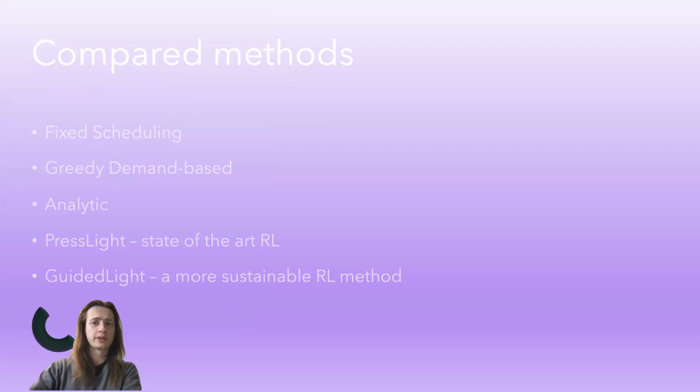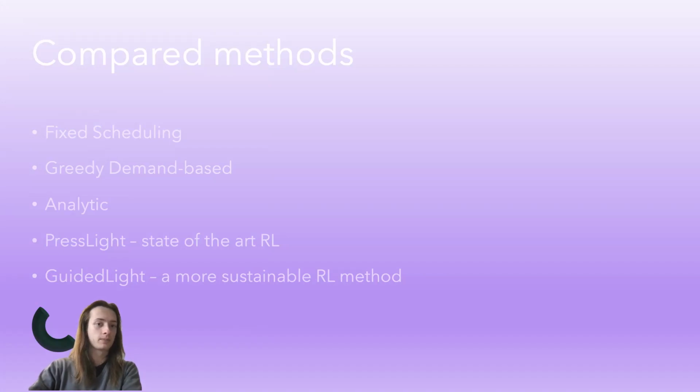And we will be comparing the following methods. We have fixed scheduling. We have a greedy demand-based method, which basically prioritizes the phase with the largest number of cars awaiting on the adjoining movements. The analytic method, which is based on short-term arrival anticipation and which aims to promote green waves and positive interactions between intersections.